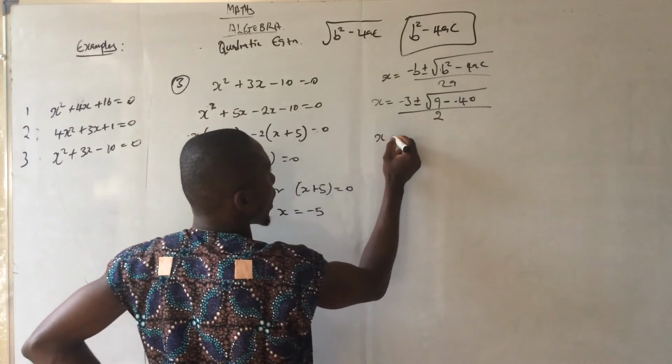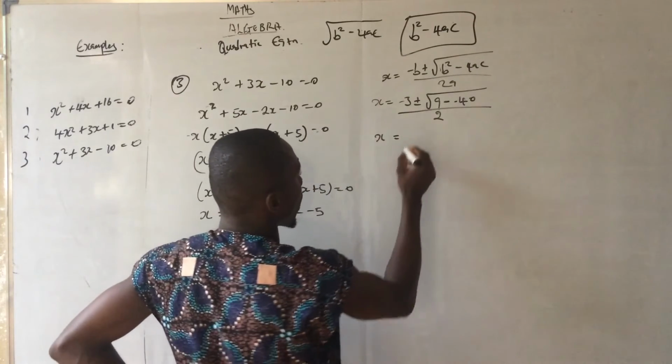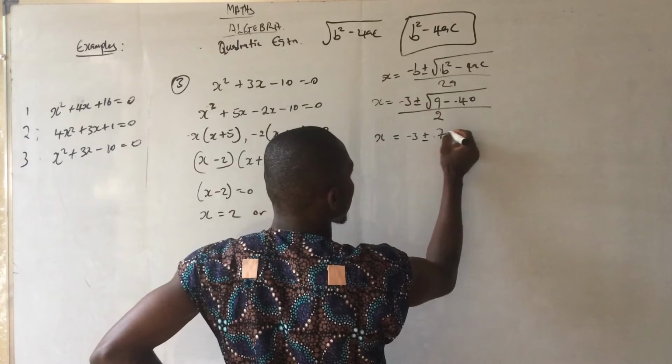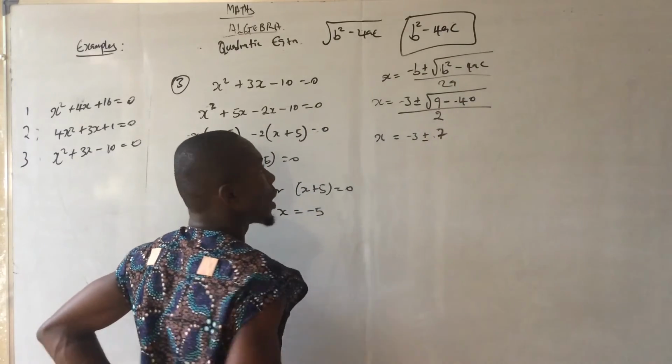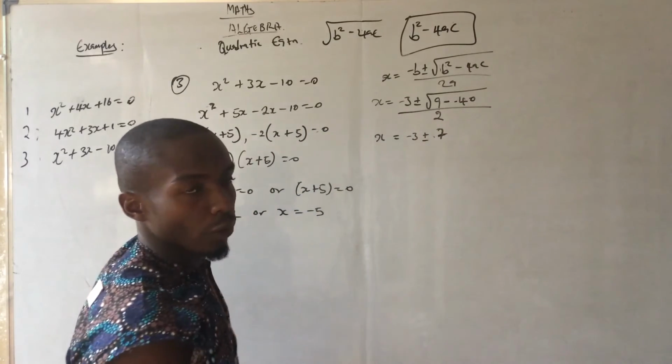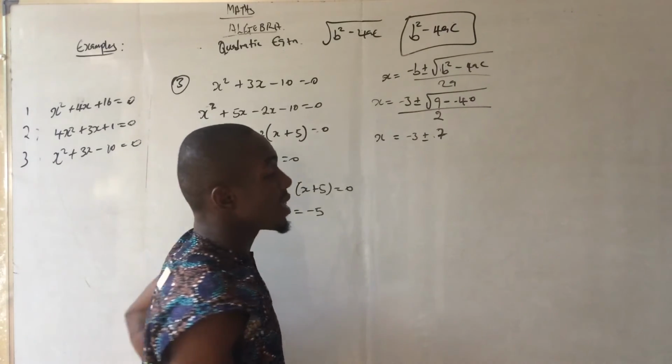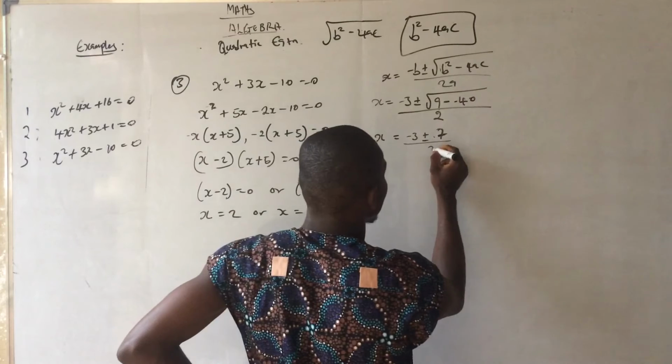So now x is equal to negative 3 plus or minus 7, because 9 minus minus 40 is 9 plus 40, right? Yes, 9 plus 40 is going to be 49. The square root of 49 is going to be 7, all over 2.